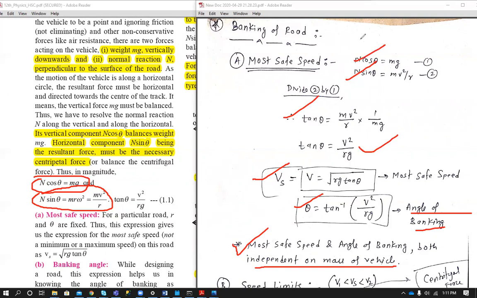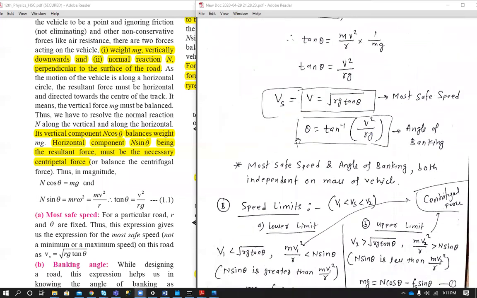Further, if you move ahead in the chapter, there are two limits given for this maximum safety speed. The speed can be lower than this maximum safety speed, which I take as v1, and the speed can be greater than this maximum safety speed, which I take as v2.